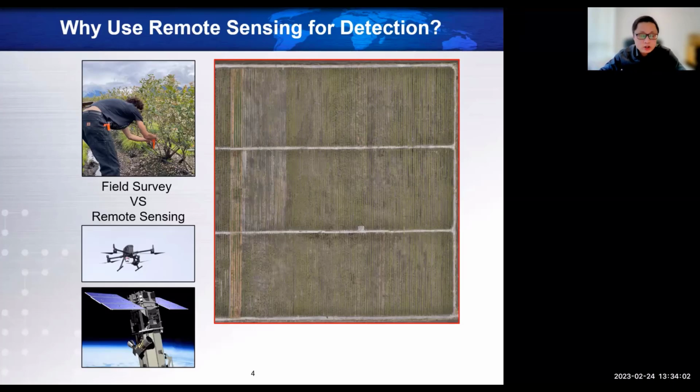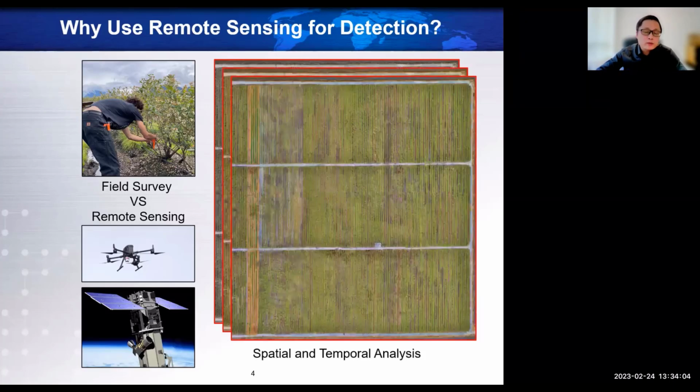That's the spatial analysis. If we can collect images for different years, 5 years ago, 2 years ago, and this year, potentially we can monitor the temporal change, such as from 1% increasing to 10%, 20%. And the spread patterns can also be monitored on such images.